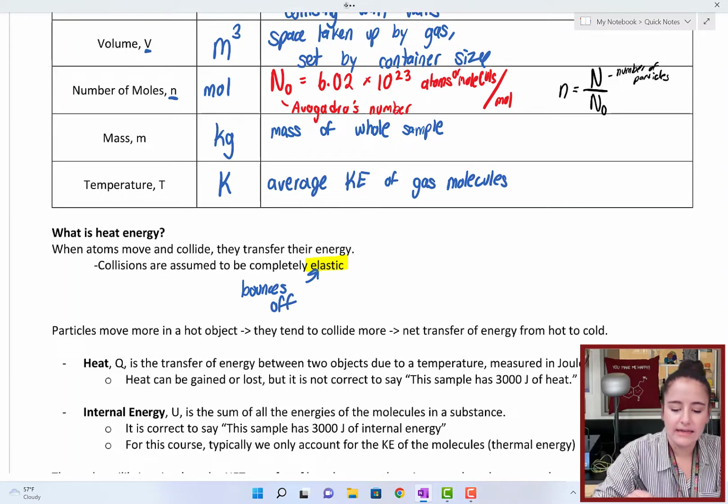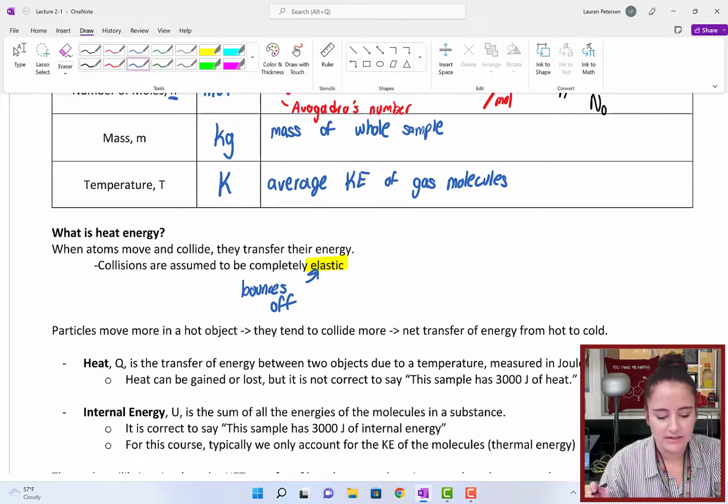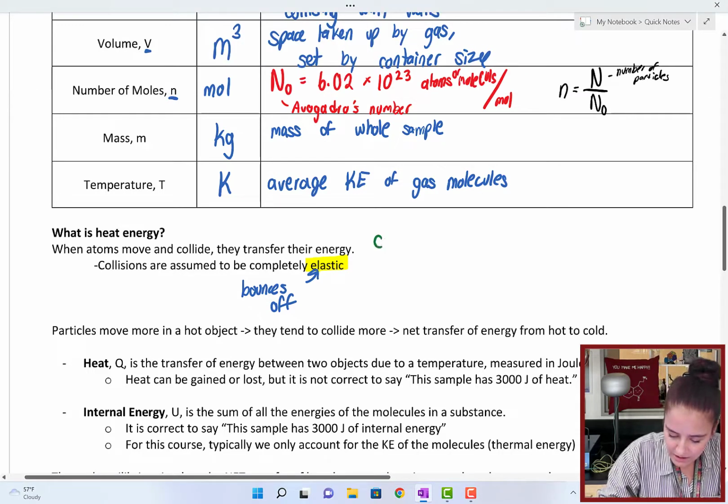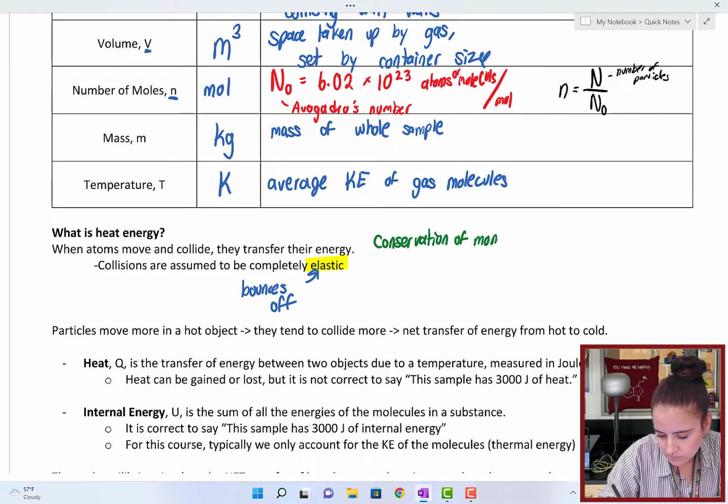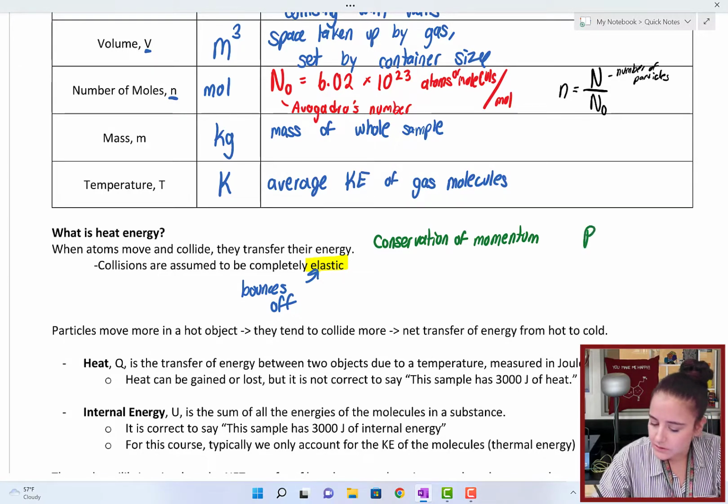And because it is an elastic collision, it follows two very important conservation laws. The first one being conservation of momentum. So each molecule conserves its momentum. Remember, momentum uses a p, and it's equal to the mass times the velocity of the particles.